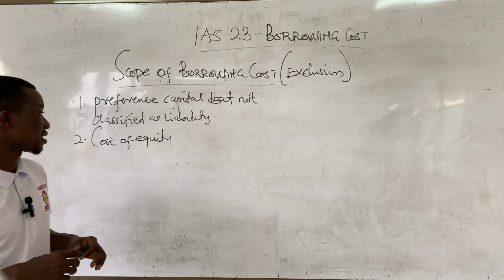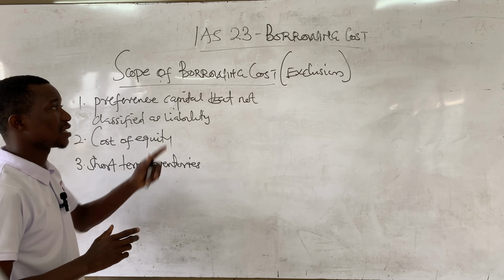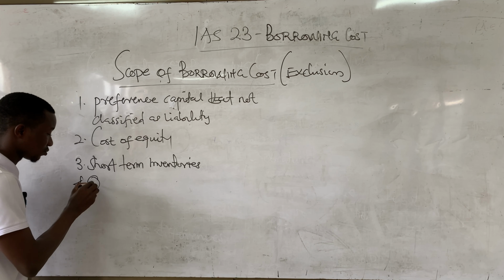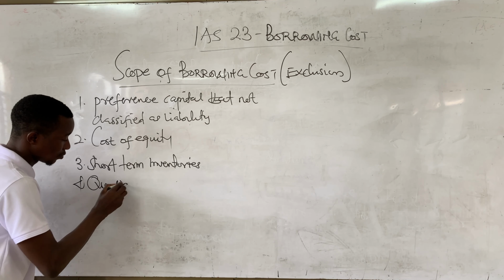And a qualifying asset takes a substantial period of time. So if the production of inventory takes a very short period of time, then that is an exclusion to this standard. Qualifying assets measured at fair value.